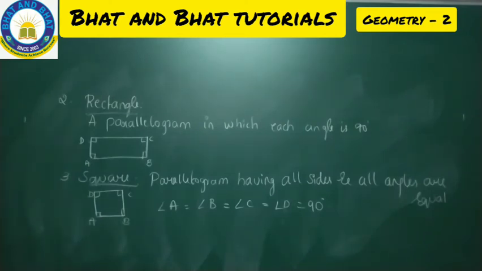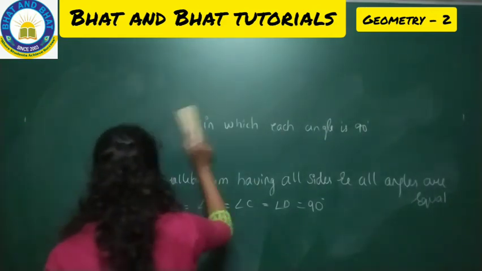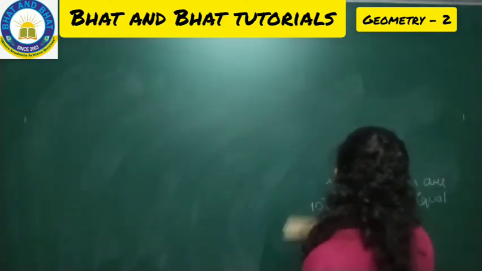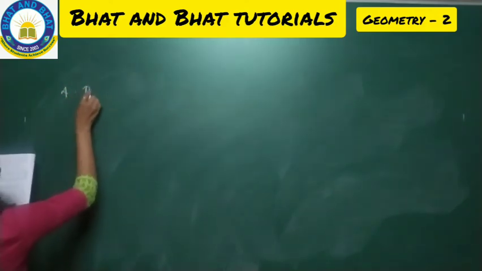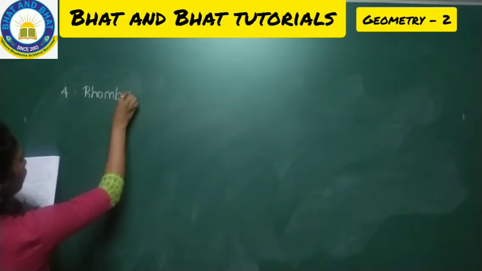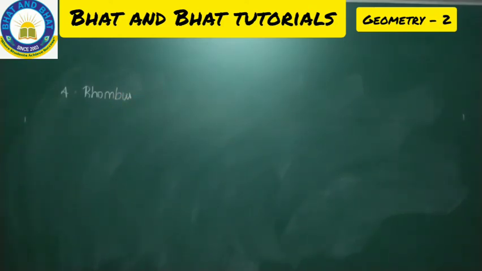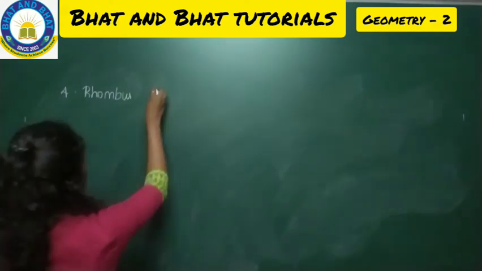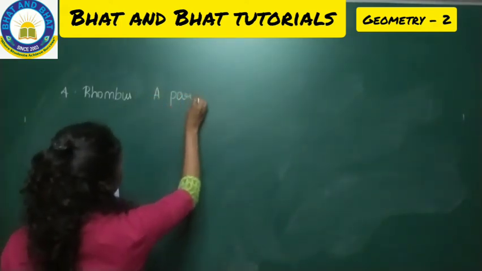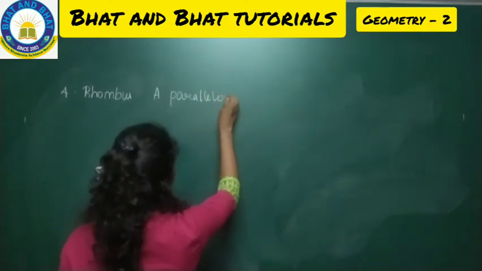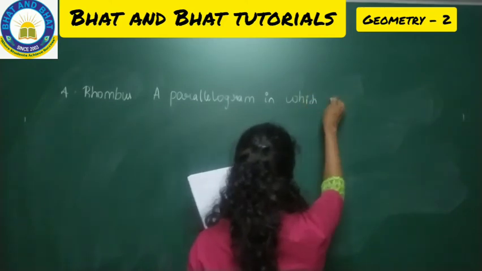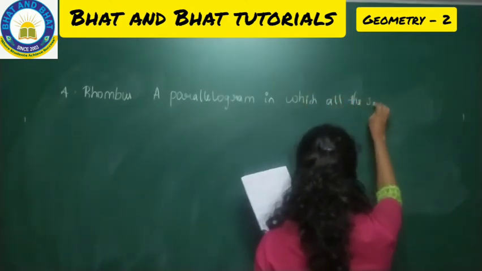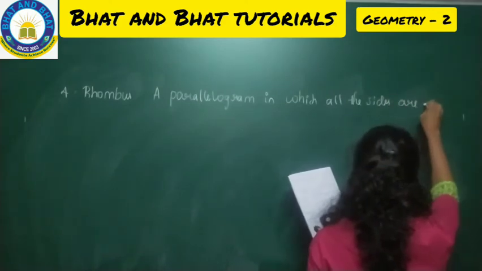So now let me go with the next type, that is the rhombus. Rhombus, I think this is a new name for you, but once I draw the figure you will get to know how the rhombus looks. The fourth one, rhombus. So look at the meaning of rhombus: a parallelogram in which all the sides are equal.